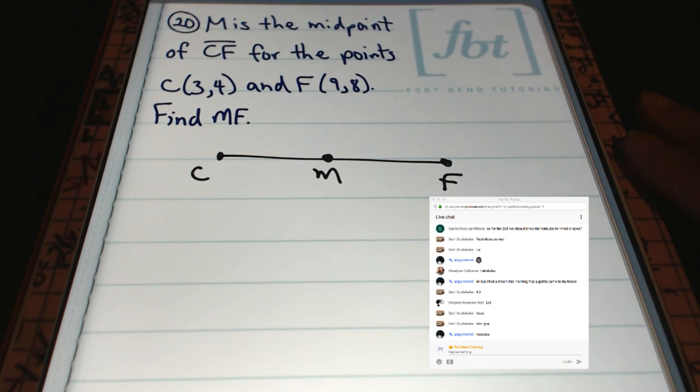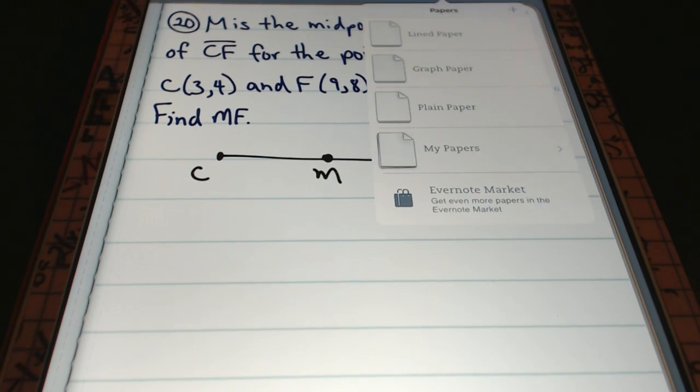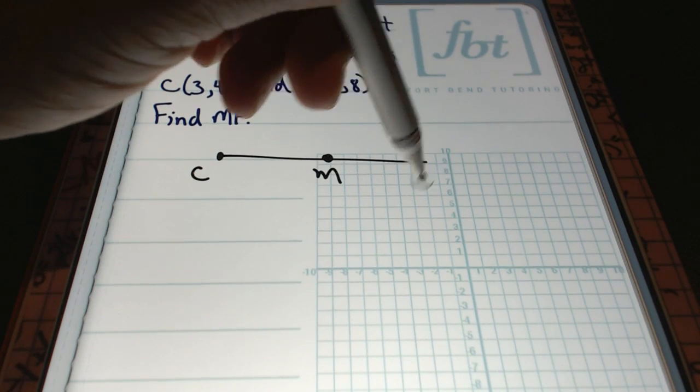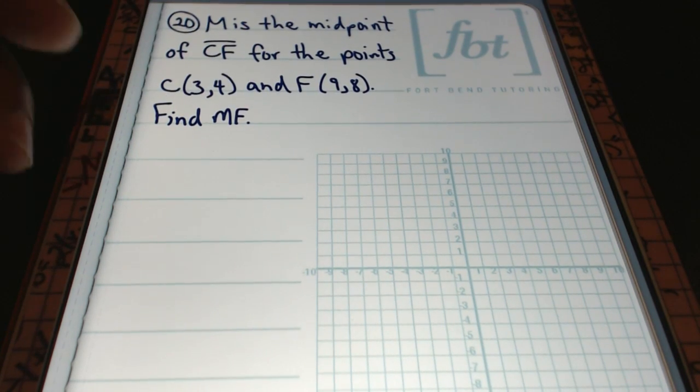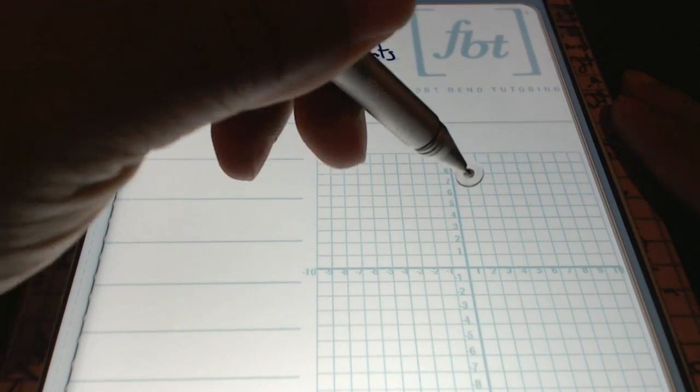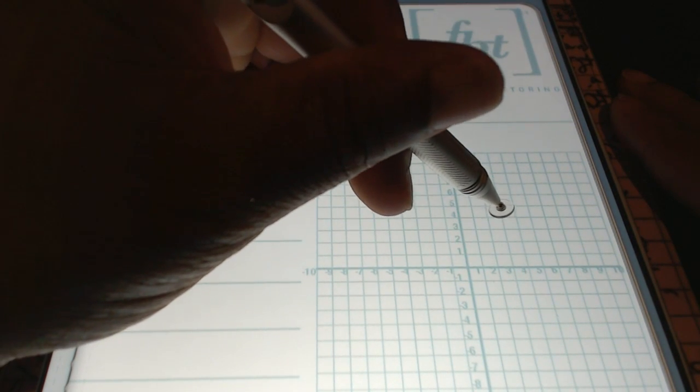But this is actually mostly on a Cartesian plane type situation. So if we really wanted to show off, we're going to do it right. We'll say that we have a point C at (3, 4). So (3, 4) is right here.